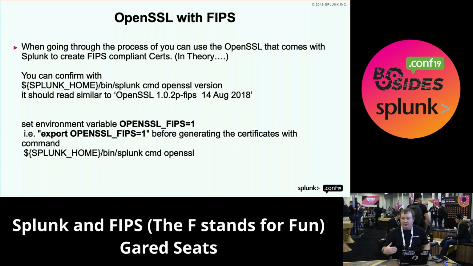But if you want to use another OpenSSL, like your own updated version, you have to set OPENSSL_FIPS equals 1 and export it, and that'll work with your environment. Linux commands, Windows commands, however you do that. Once you do that, you could create your own FIPS-generated certs using a different OpenSSL if you don't want to use the one that comes with Splunk.